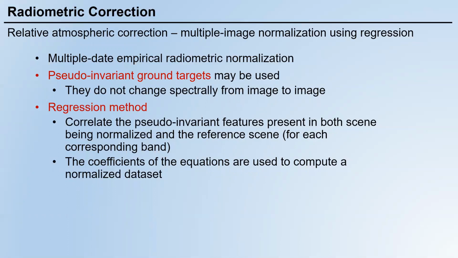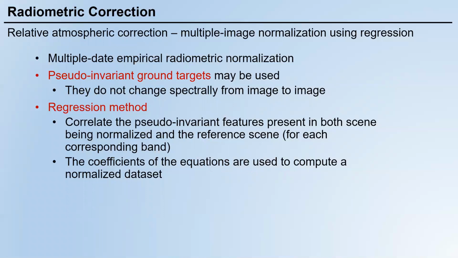These targets do not change spectrally from image to image. For example, vegetation is a bad choice for these targets because the reflectance spectra of vegetation change from season to season. In winter, there are no green leaves, so vegetation's reflectance spectra will change a lot.